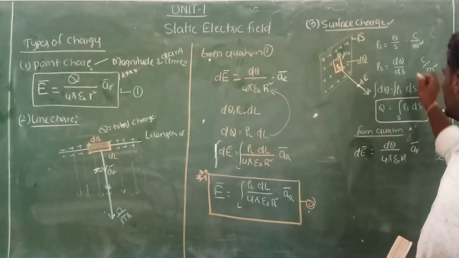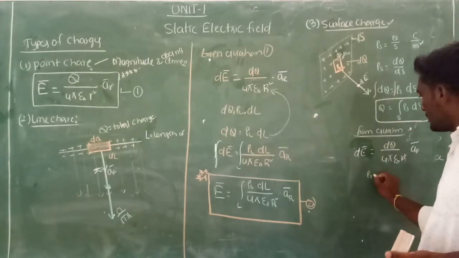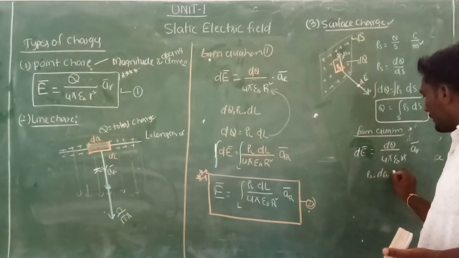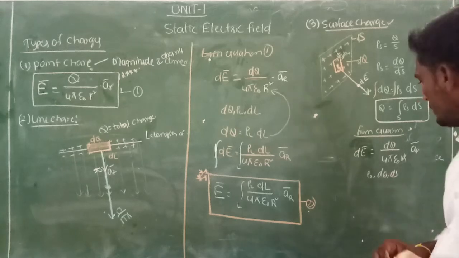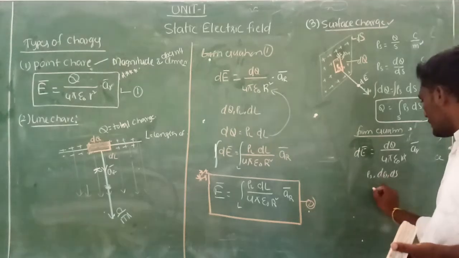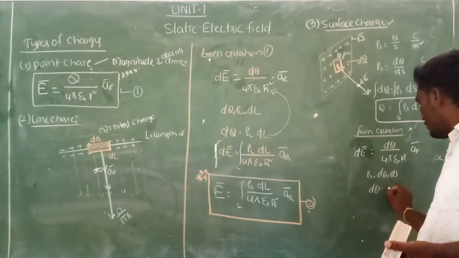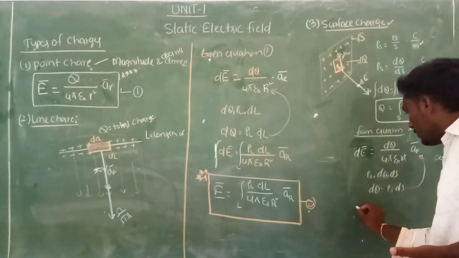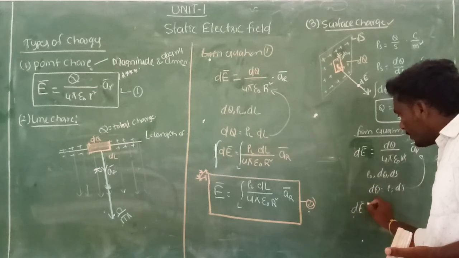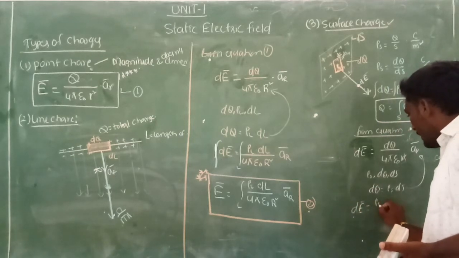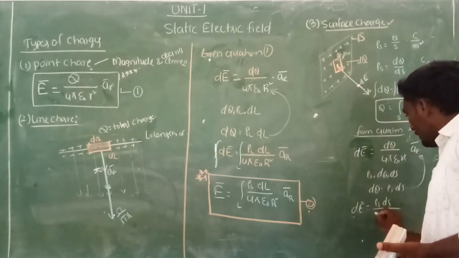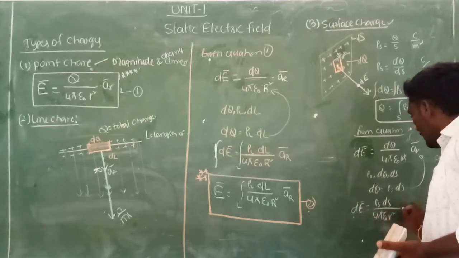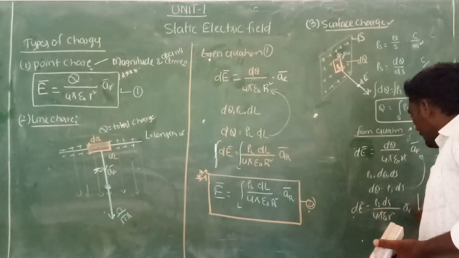Okay, but from the relation between rho s, dq and ds, what is dq? dq is equal to rho s into ds. You just substitute this value in this expression so that we will get dE bar is equal to rho s ds by 4 pi epsilon naught r square into ar bar.